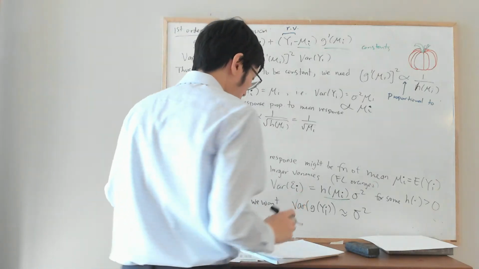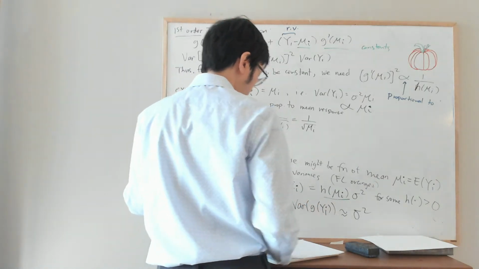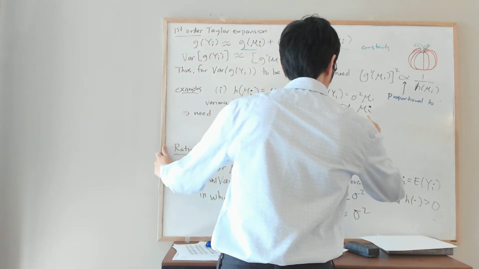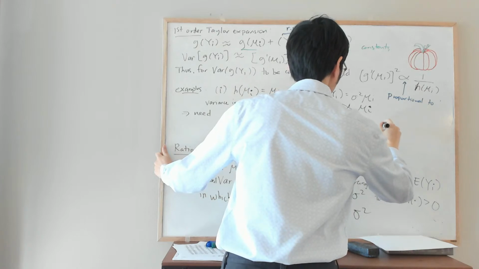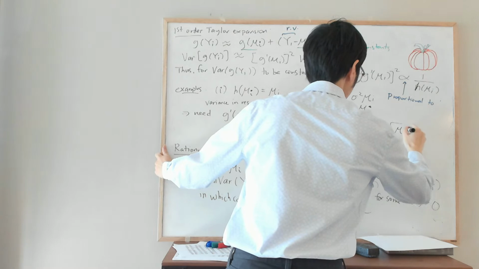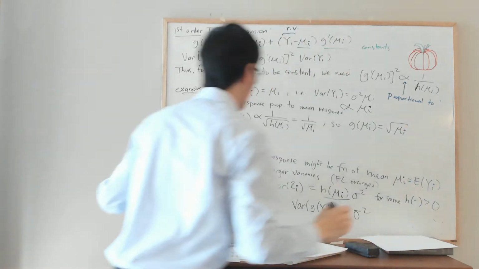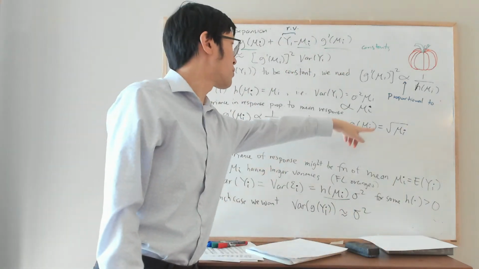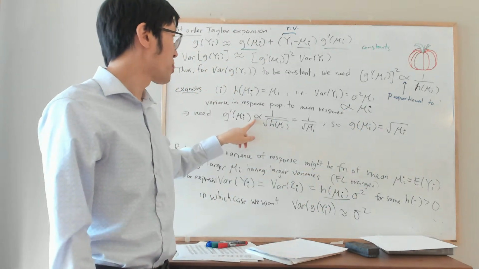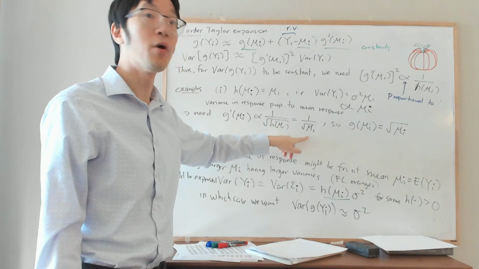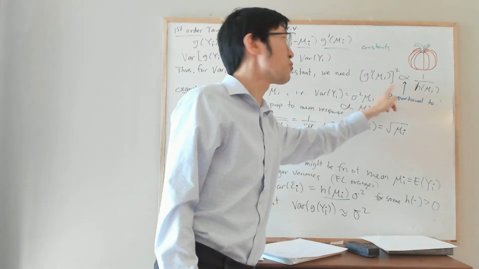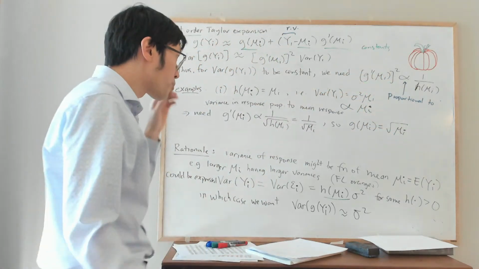So g of mu i equals, for example, just root mu i will satisfy this expression. This derivative is 1 over 2 root mu i, which is proportional to 1 over root mu i, and therefore it accomplishes what we need, such that these terms cancel out and just leave us with a constant.